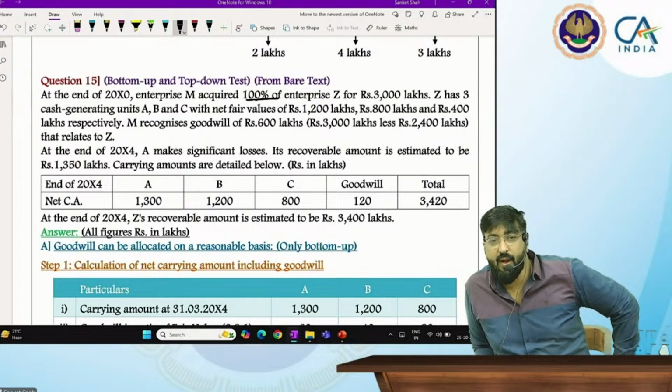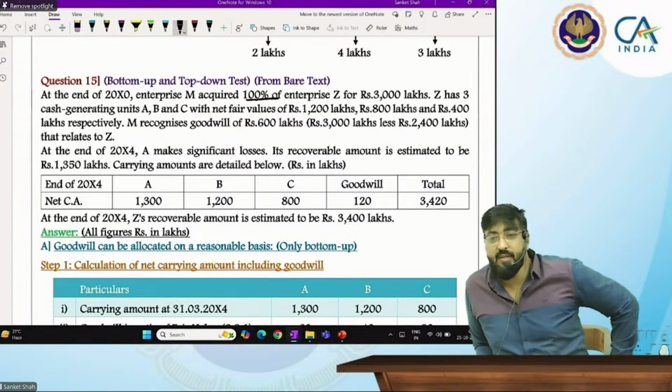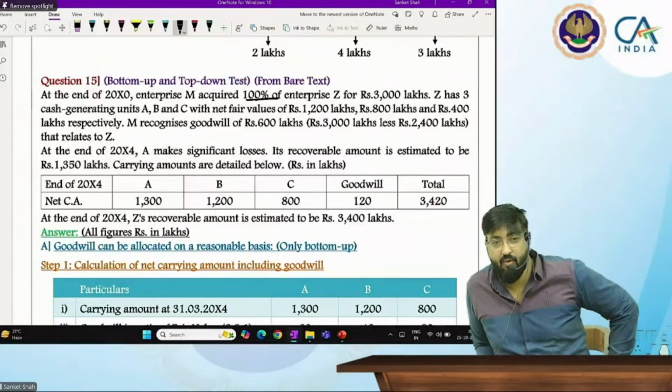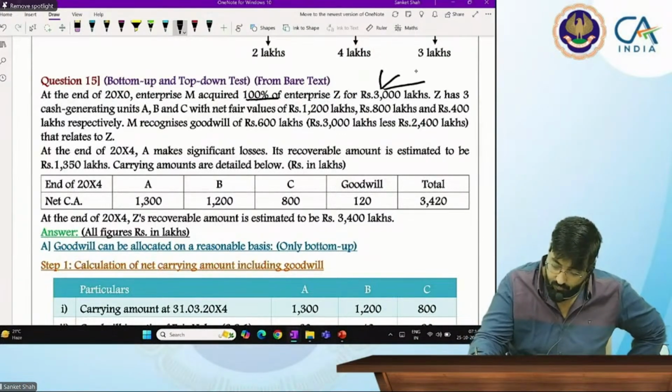With a fair value of 1200. What is the carrying amount, Rosalind ji? Fair value, sorry. Net fair value of A 1200, B 800, and C 400. What is the total? 2400, sir.